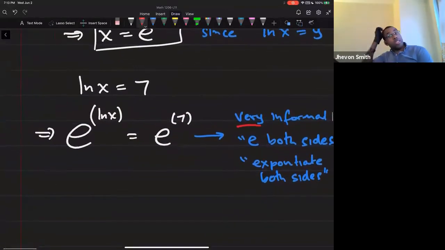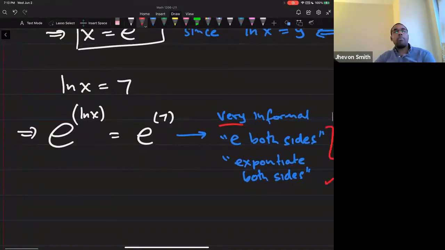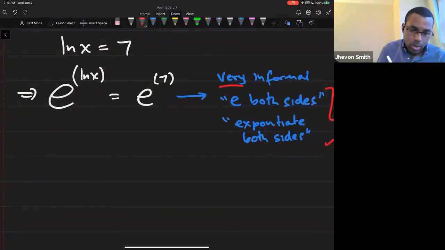But it just kind of reinforces the idea that if you want to get rid of a logarithm, you can use an exponential. Which exponential? The best one to use is the base of the logarithm. So ln means base e, so I'll use a base e exponential. And why would I do that? Well, now these guys would cancel.